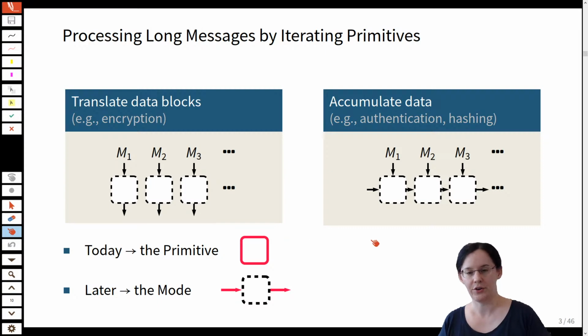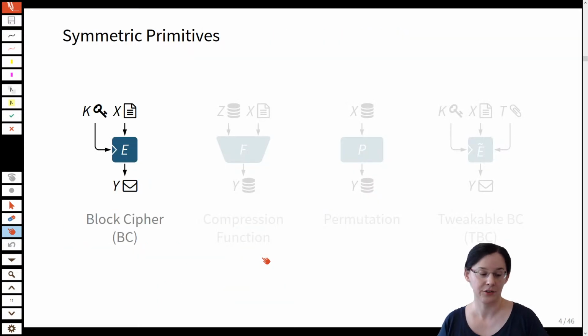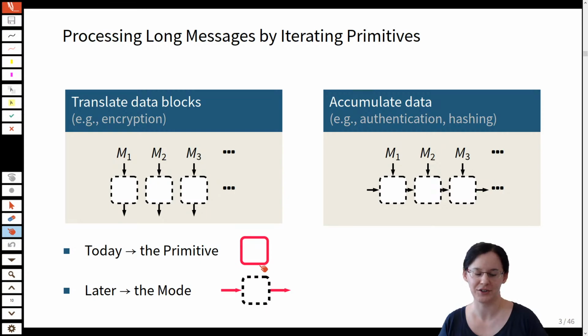So if you already heard information security, you have already heard these two terms. So in information security, we mostly talked about the modes, and we only had a tiny bit about the primitives. And here in cryptography, we will talk 3 full lectures about primitives. So today, I want to give you some basic information and the basic construction mechanisms that we know for blockwise primitives.